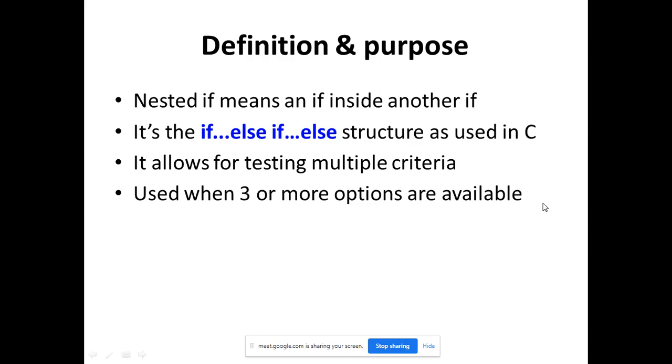That is the structure we use in C programming. So this nested if allows for testing multiple criteria, which means you can use it to handle many options, basically three or more options.